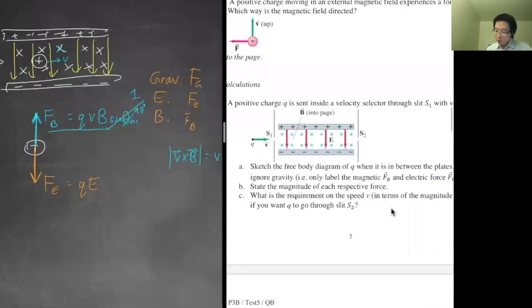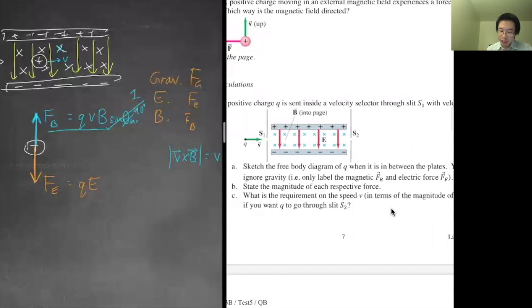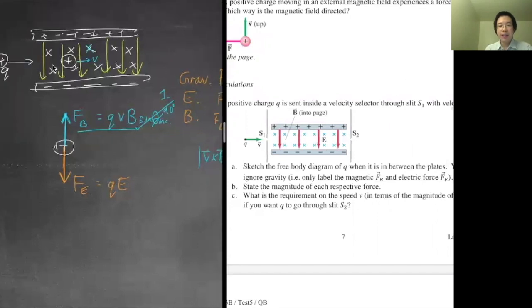Okay, what is the requirement on the speed in terms of E and B? Should it go through slit 2? If it needs to go through slit 2, it needs to travel in a straight line, which means there should be no net force going either up or down. So this must be balancing this, and I've derived this in class already. You need the magnitude of FB to equal the magnitude of FE.